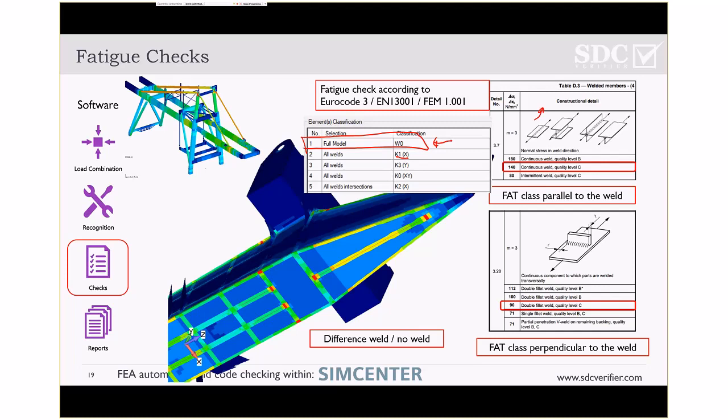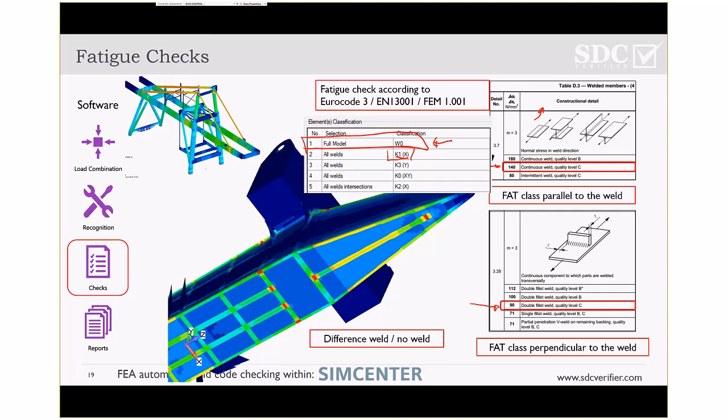We can use a good quality FAT class, so that is the vulnerability to fatigue. A K1 is pretty good quality, and if you transfer that to FAT class, it is 140 megapascals at 2 million load cycles, while a stress perpendicular to the weld only has a fatigue resistance of 19 megapascals at 2 million load cycles, so that is considerably lower.